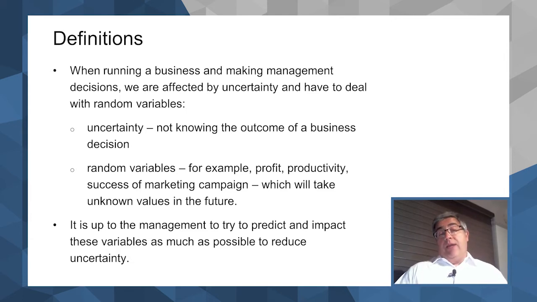And that's when we calculate probabilities. So as it says in there, it's up to the management of every company to try to predict the values of variables and try to impact variables like profit, productivity, revenues, etc. as much as possible and reduce that uncertainty.